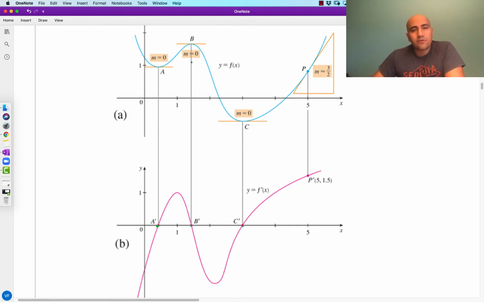And then as I was trying to point out before, all the tangent lines between point B and point C are going to have a negative slope. That means that between point B and point C, the derivative is going to be negative. It's going to be below the x-axis.